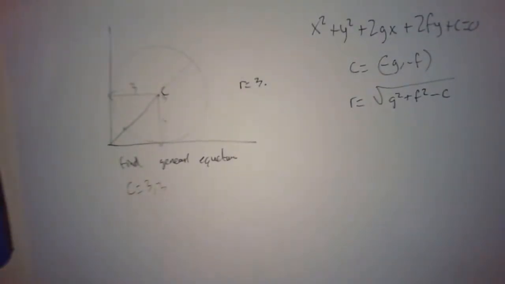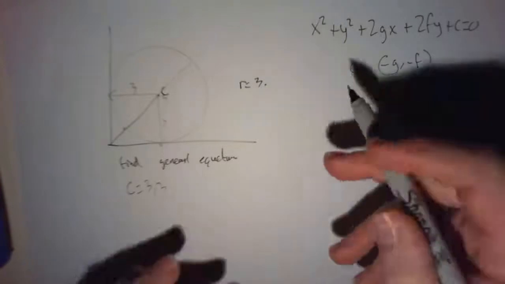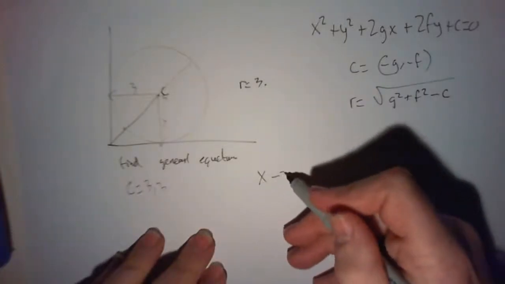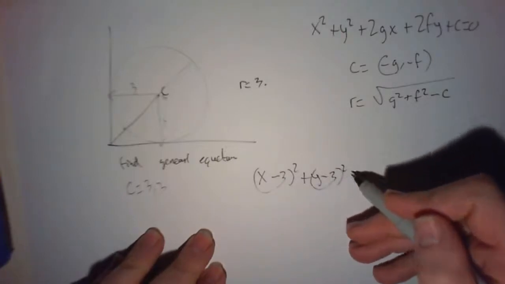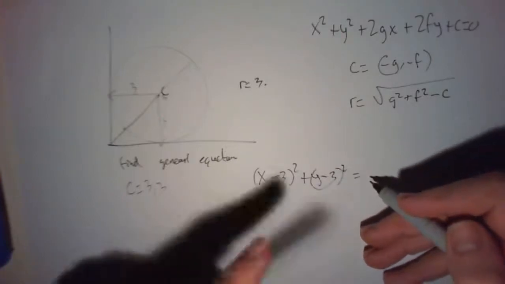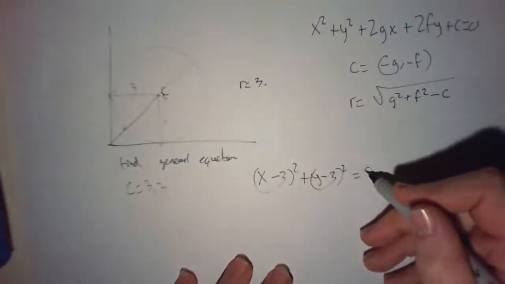Okay, so we have to fill this out into our general formula. So x minus 3 squared plus y minus 3 squared is equal to, drum roll please, r squared, which is 9.